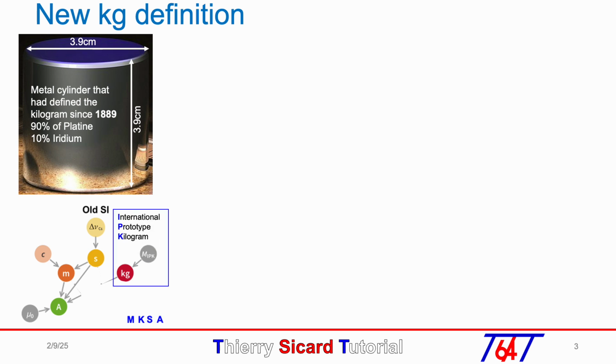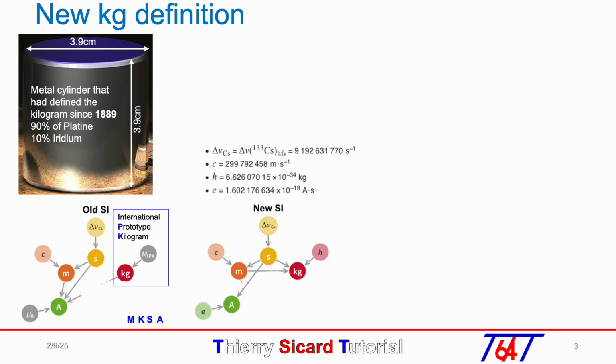The main goal is to link the 4 main units to a universal constant, but until May 20, 2019, only the kilogram was based on a physical metal cylinder called IPK for International Prototype Kilogram. Before May 20, 2019, only 3 units of the MKSA system were based on a constant.